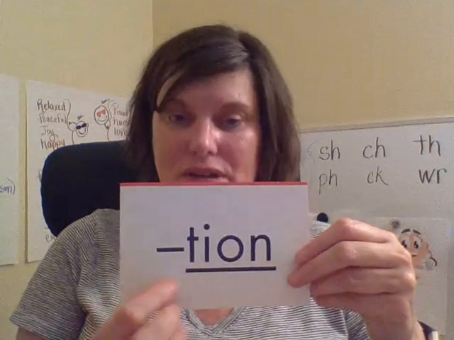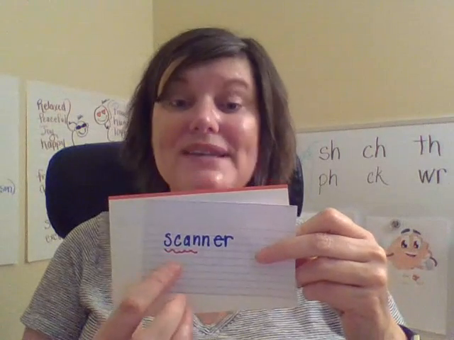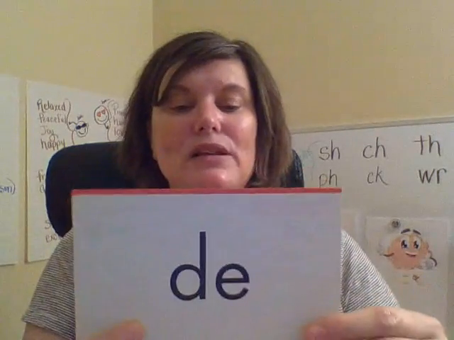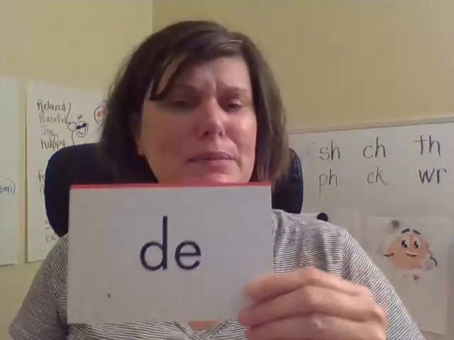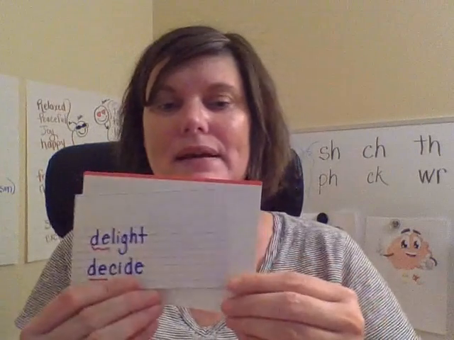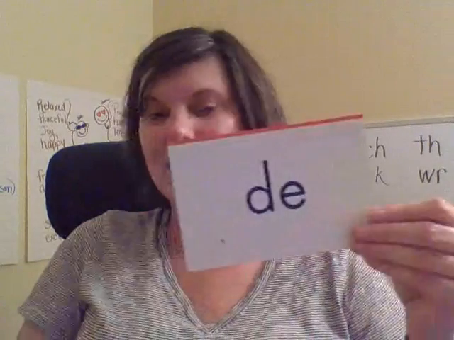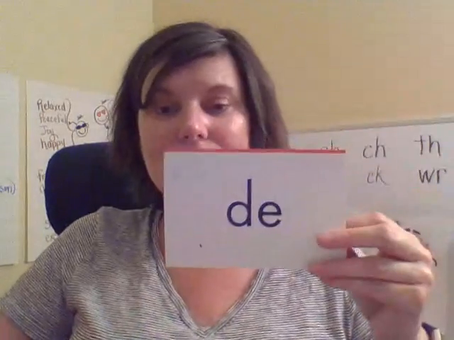Your turn, shun. Very good. Okay. This syllable is scan, kind of like in the word scanner. Very good. Okay. This syllable is de, looks like B, he, like in the words delight, decide. So de. You'll see this syllable a lot in words.